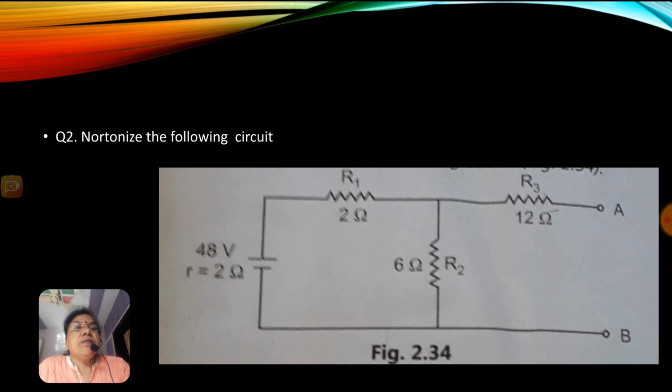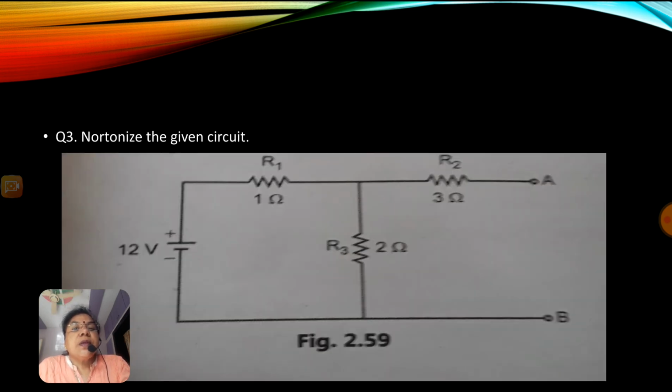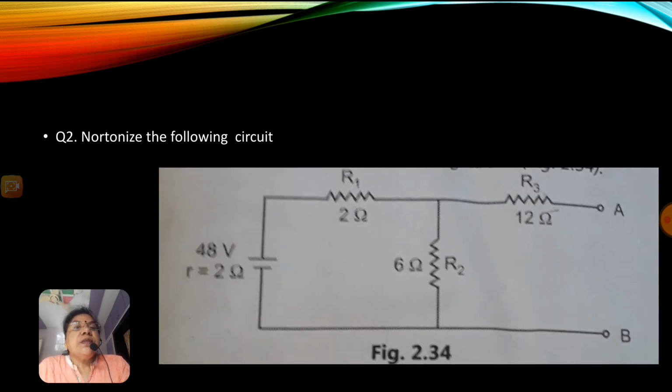Nortonize the following circuit. Here RL is not given, so you have to find out across A and B, IN and Rn and the equivalent Norton network. Now in this case, the 2 ohm resistor is given as the internal resistance of the 48 volt power supply.